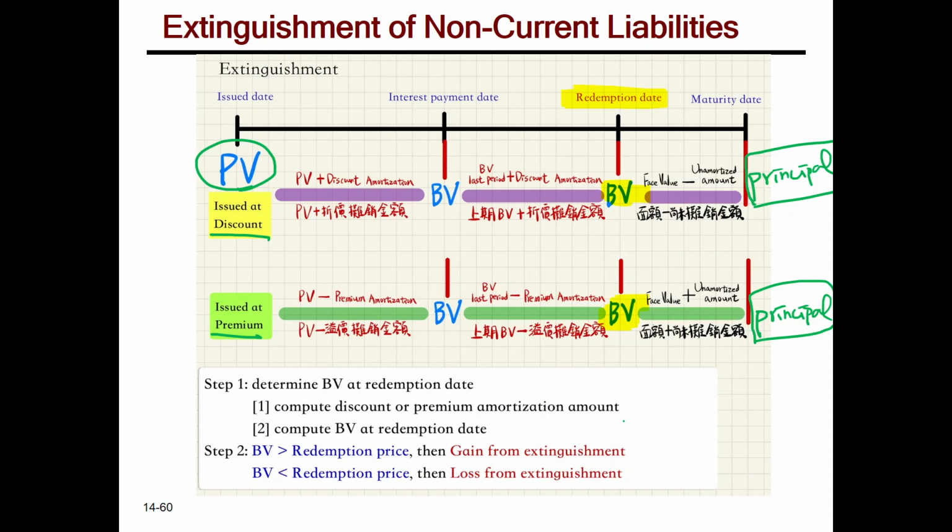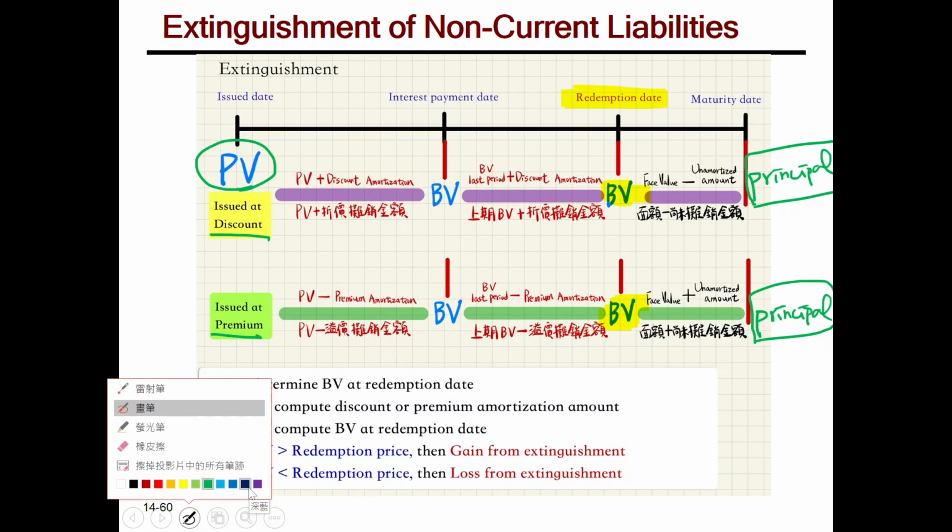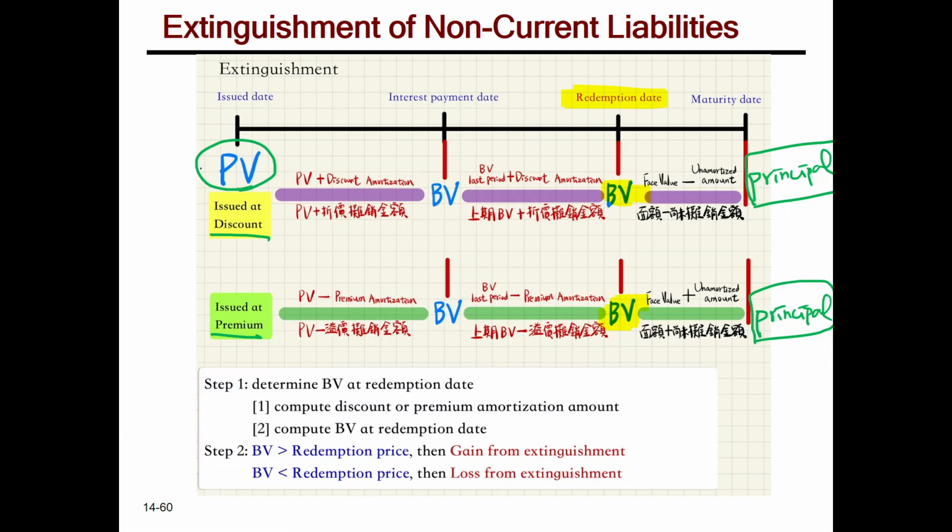Okay? So how? If I assume I have present value, for example, 80, principal 100. So it means what? Discount should be 20, right? And each period do discount amortization.